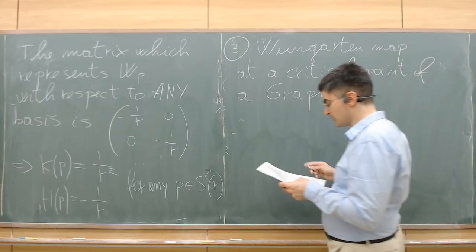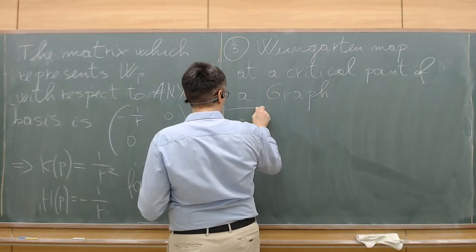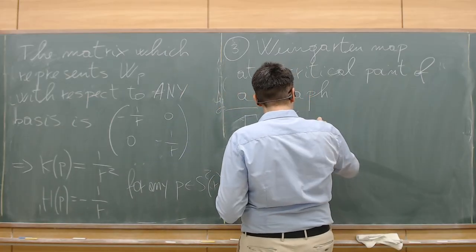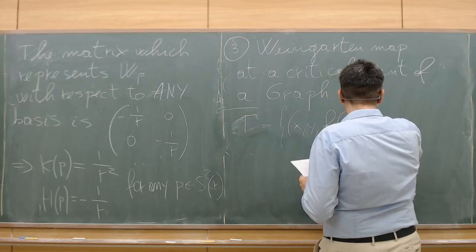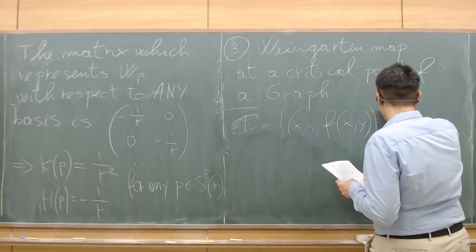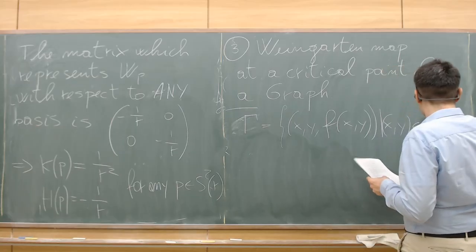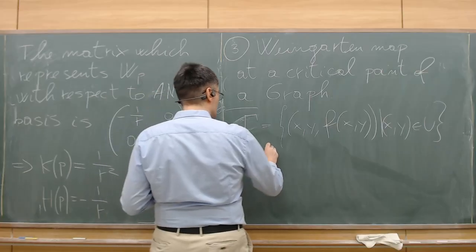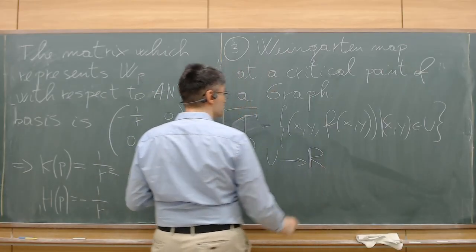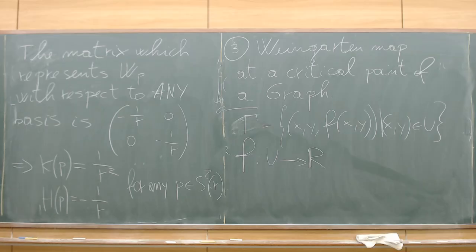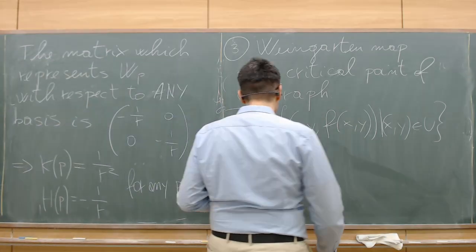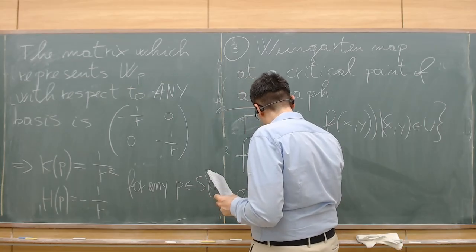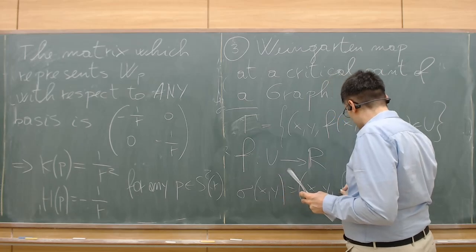So let's consider a graph of a function f, where f is a smooth function defined on the open set U with values in R. You know that the graph can be covered by a single surface patch sigma given by x, y, f of x, y.